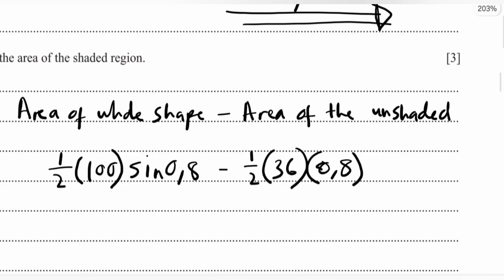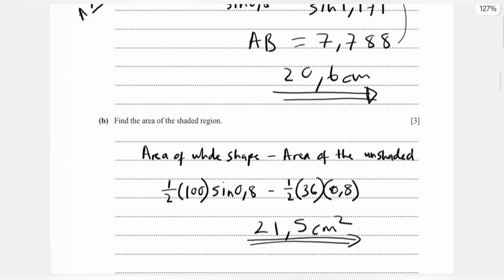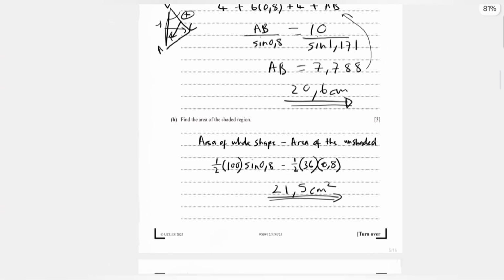So this will give us 50 sine 0.8 minus 18 times 0.8, and this is giving us 21.5 square centimeters for area like that, right? And that will be the area for the shaded region, right?